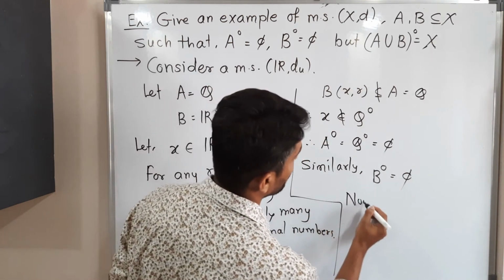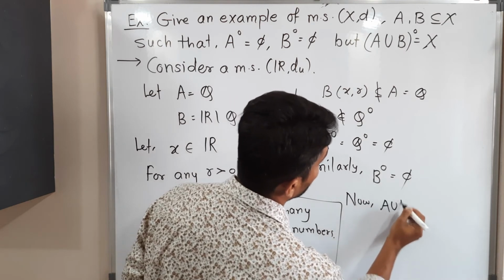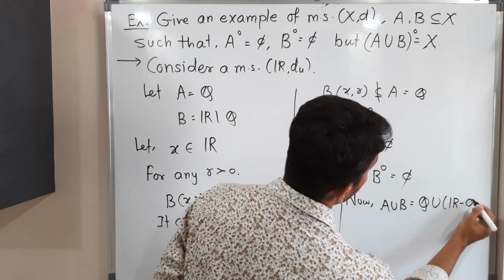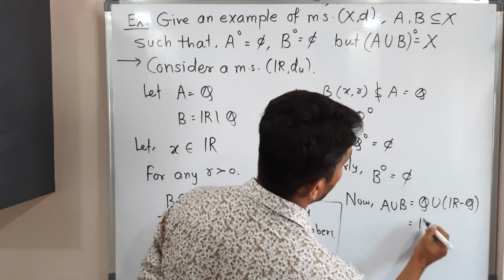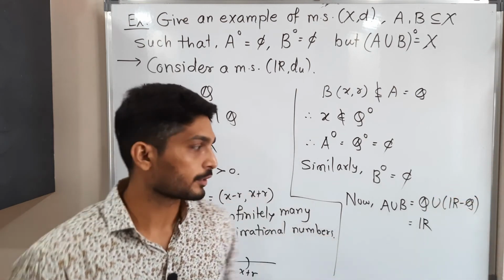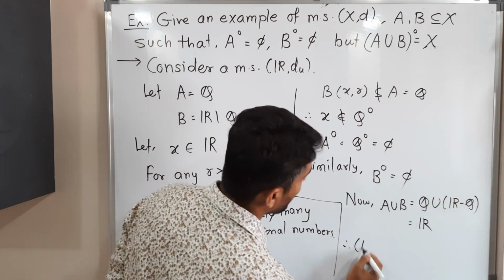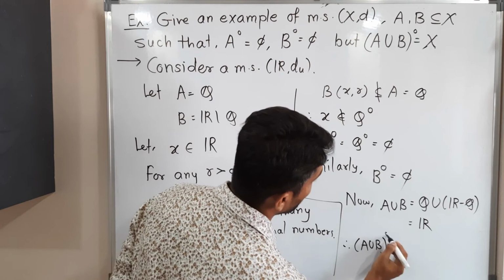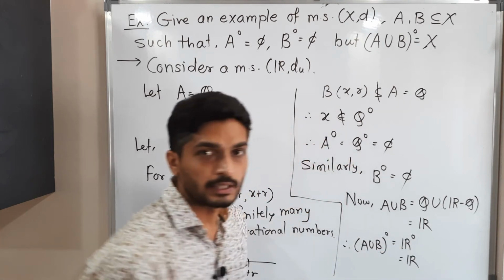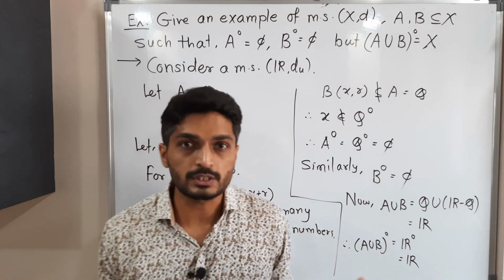Now A union B, that means rationals union irrationals. If you take the union of rationals and irrationals, definitely it is R, the entire real line. So therefore the interior of A union B is equal to the interior of R, which is equal to R itself. Since R is the entire metric space, it is an open set.